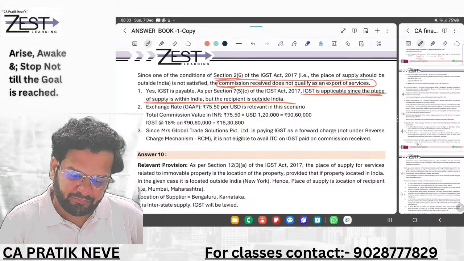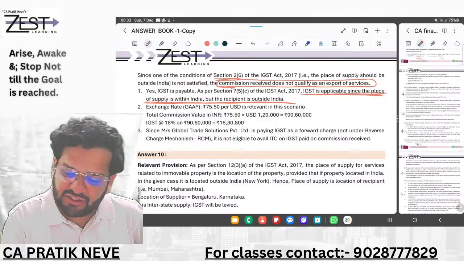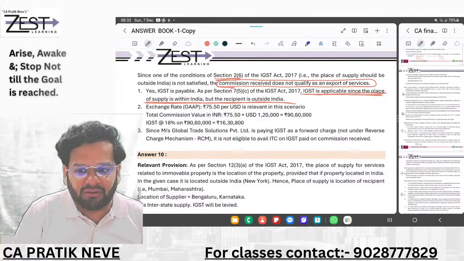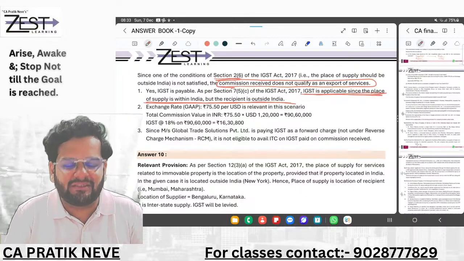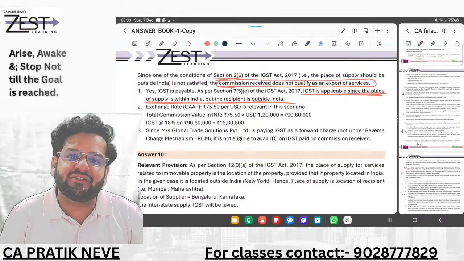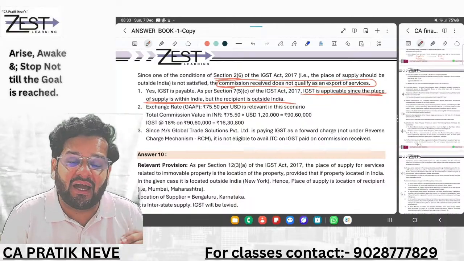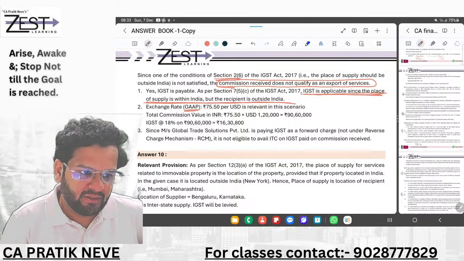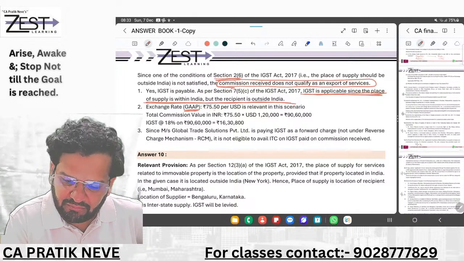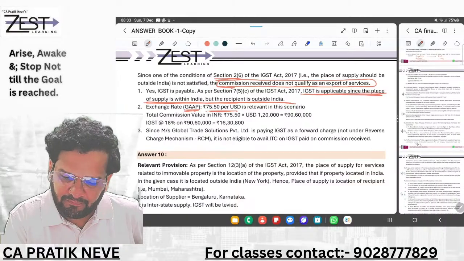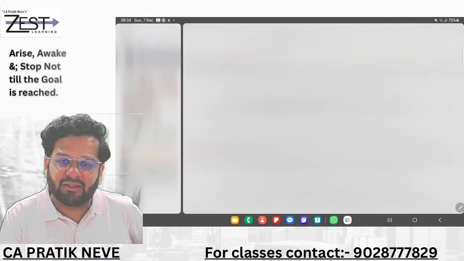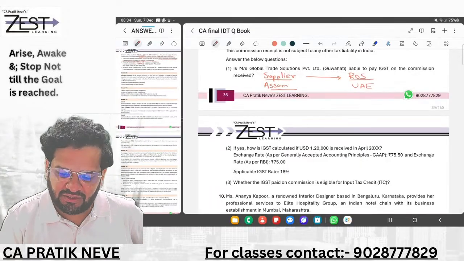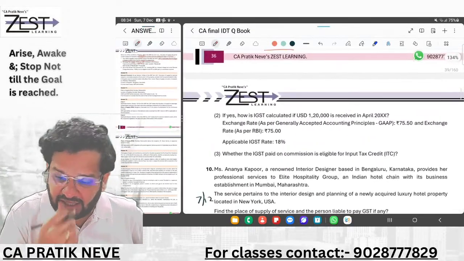IGST is payable. Now, whenever you want to convert into rupees, you will take the exchange rate as per generally accepted accounting principles, GAAP. So it is 75.5 per US dollar, as given. Okay. In imports, meaning goods, you do it as per customs. In services, it is as per GAAP.